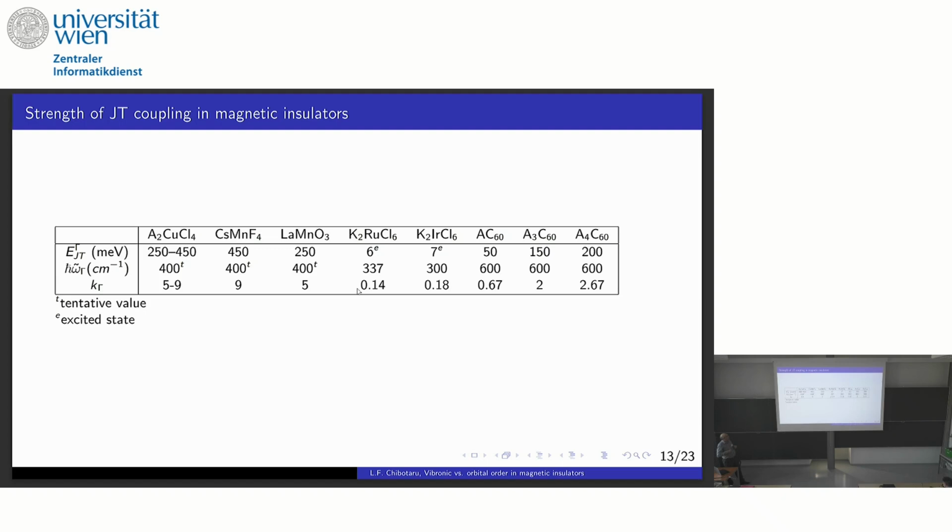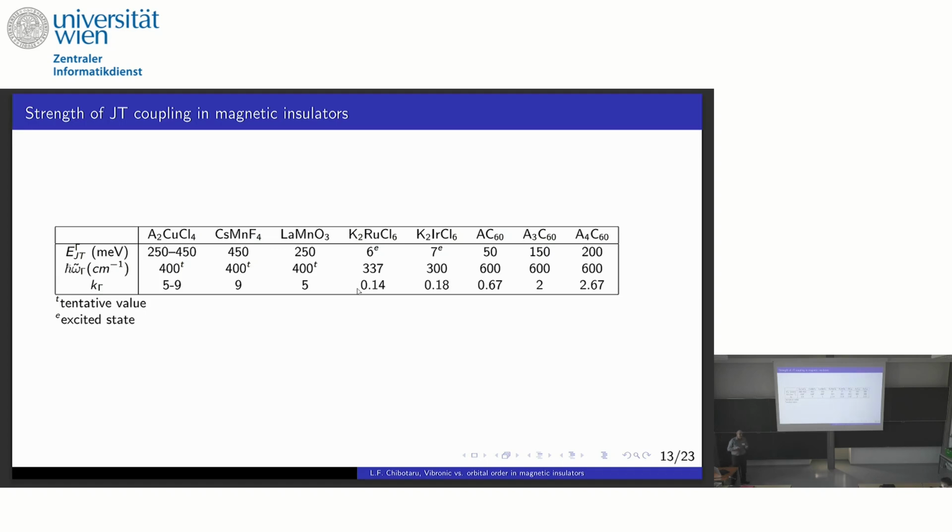Or for copper, it is about one order of magnitude stronger. So we are definitely in the strong coupling limit. The same you can say about fullerenes. They are on the limit of intermediate to strong Jahn-Teller coupling. These materials are also on the weak Jahn-Teller limit, approaching the intermediate, something like that. So the situation is that we have many examples of strong Jahn-Teller coupling on sites.